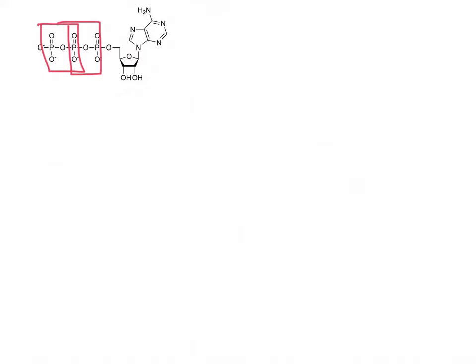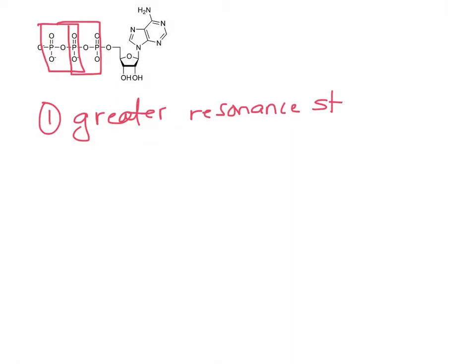When we hydrolyze ATP, what happens is we get greater resonance stabilization. Let me just label these. This first phosphate is alpha, the second is beta, the last is gamma.